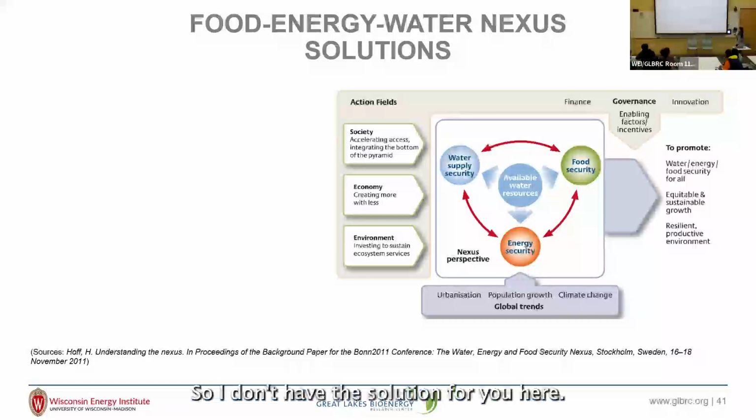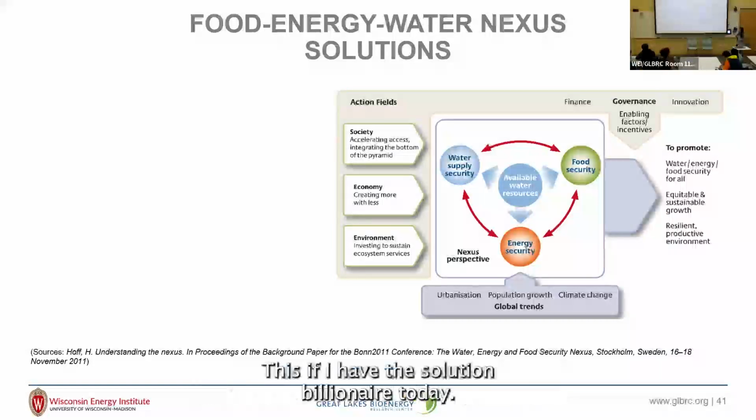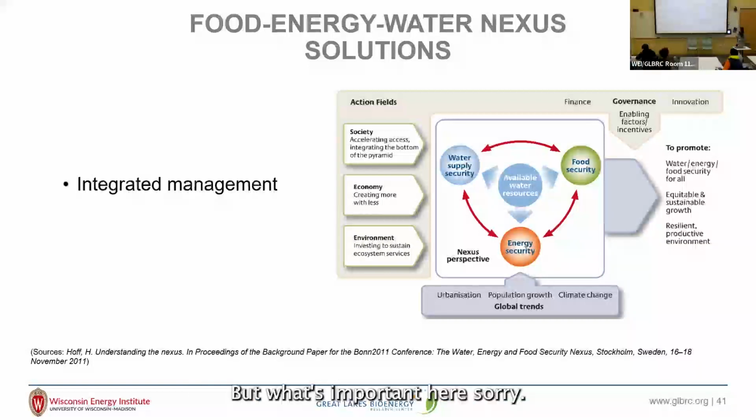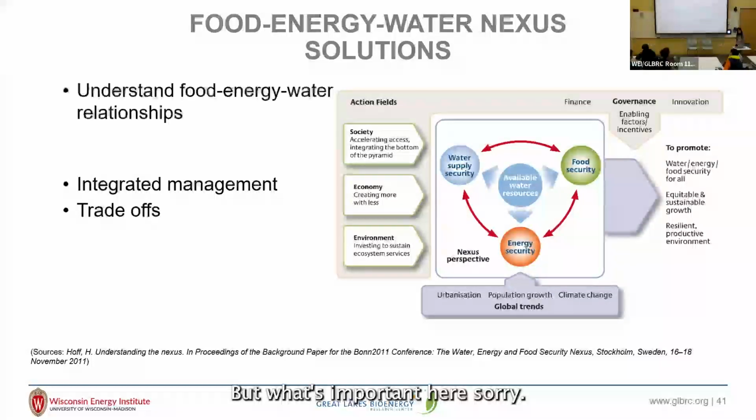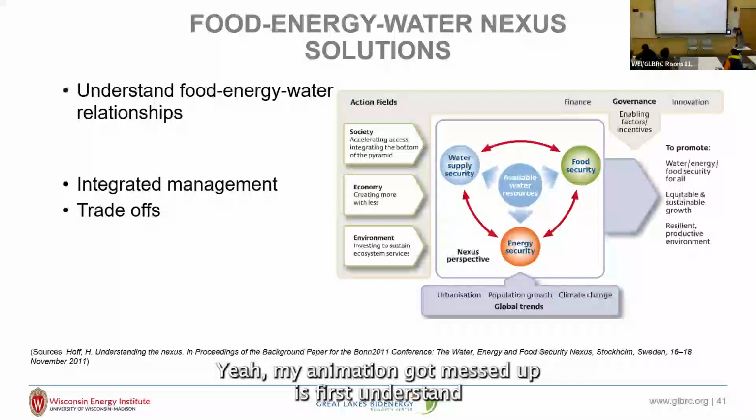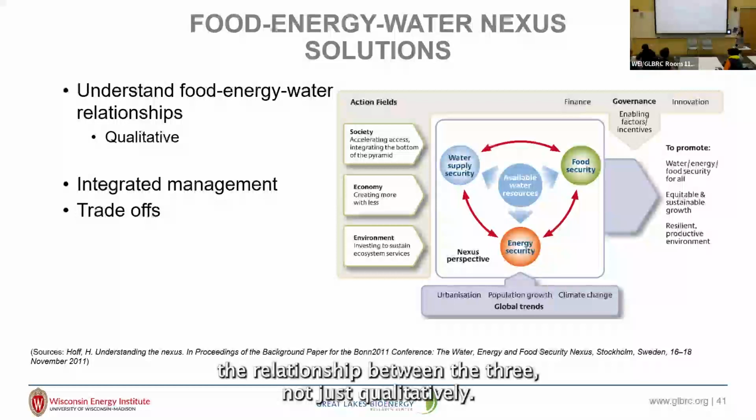So I don't have the solution for you here. If I had the solution, I'd be a billionaire today. But what's important here, my animation got messed up, is first understand the relationship between the three, not just qualitatively.